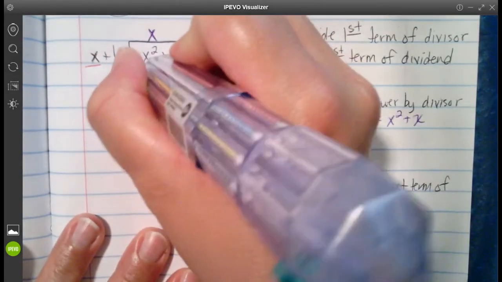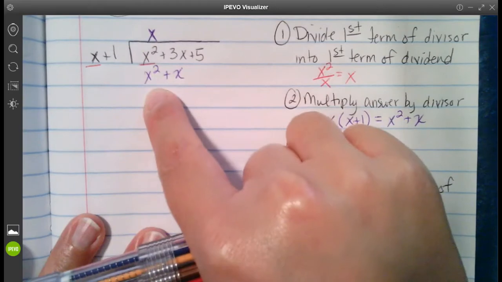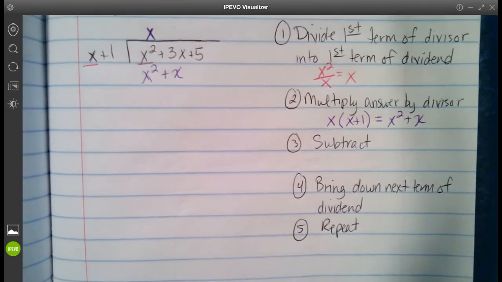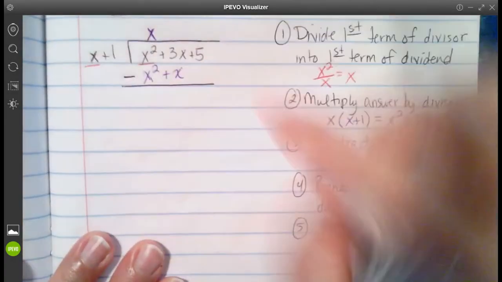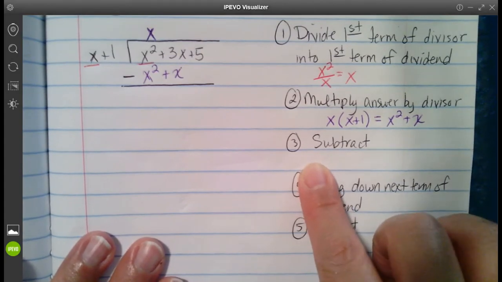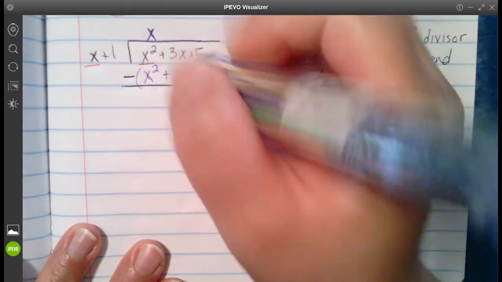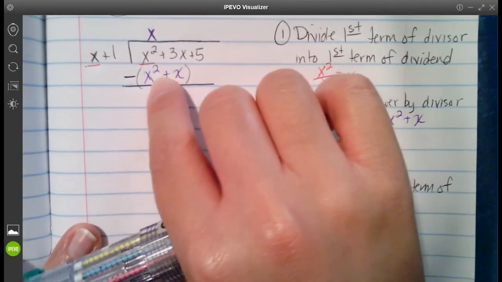It's just like division, where you find an answer, you multiply, and you bring it down. Then we're going to subtract for step number 3. For this one, you want to be a little bit careful because when you subtract, you're subtracting this whole thing here. So in actuality, you're changing the signs.